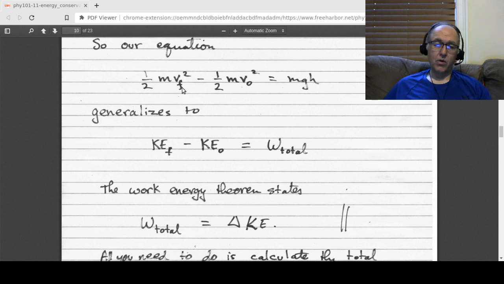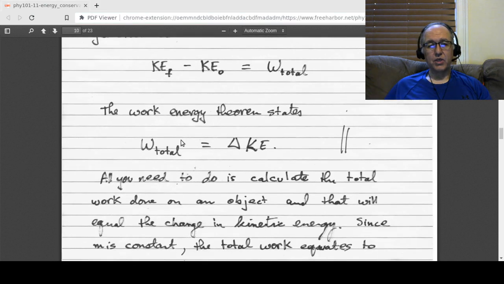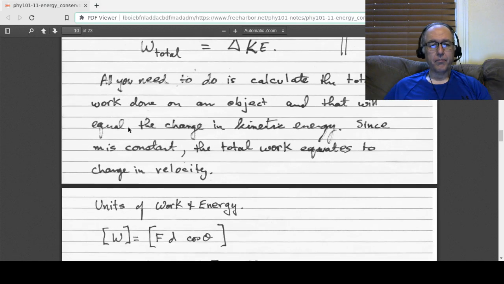No, the mass stays the same, so the only thing that can change is the velocity. So doing work on an object changes the kinetic energy. Changing the kinetic energy means a change in the velocity. So it's still Newton's laws, but a new way of talking about that roller coaster going downhill is gravity does work on the roller coaster car, and that changes its kinetic energy from the top of the track to the bottom of the track. Okay, so that's this new way of thinking about it.